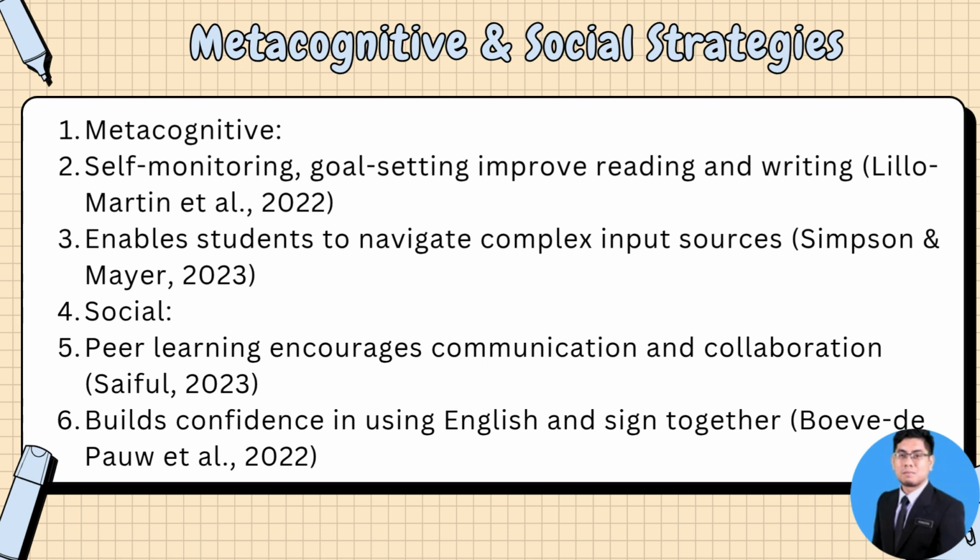Meanwhile, social strategies like peer-assisted learning create safe, collaborative spaces where students can practice using both sign and written English. This builds not only language skills but also motivation in the inclusive classroom setting.